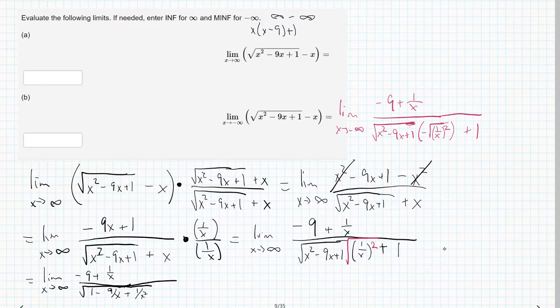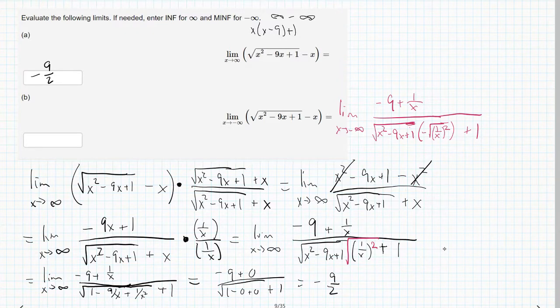Okay? And then we finish with the plus 1. Now plugging in, as x goes to infinity, notice what do we get? We'll get negative 9 plus 0 over the square root of 1 minus 0 plus 0, and then plus 1. So that makes negative 9 halves. Okay, so our answer for the first part is negative 9 halves.